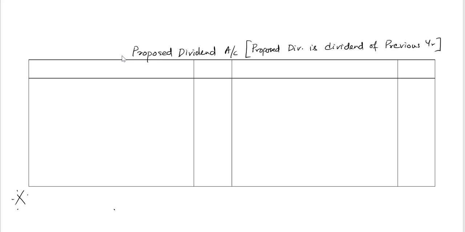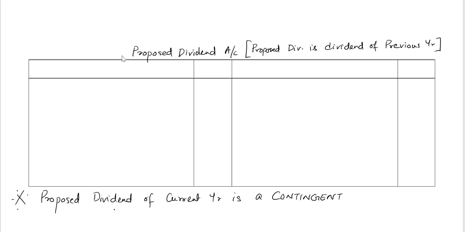Very importantly, we should note that the proposed dividend of the current year is a contingent liability and must be ignored in cash flow statement.